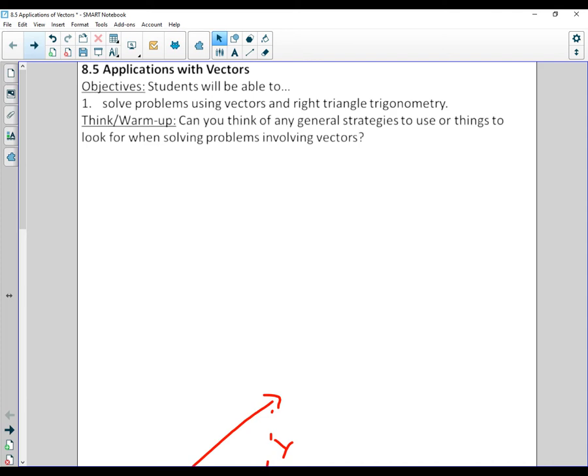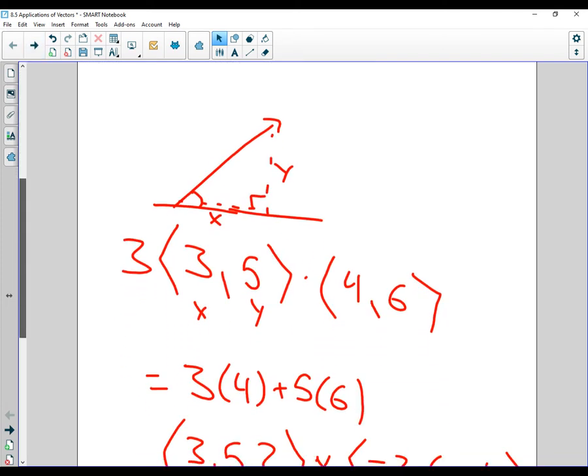And I think the biggest help in like 95% of the problems is breaking it up into components, right?